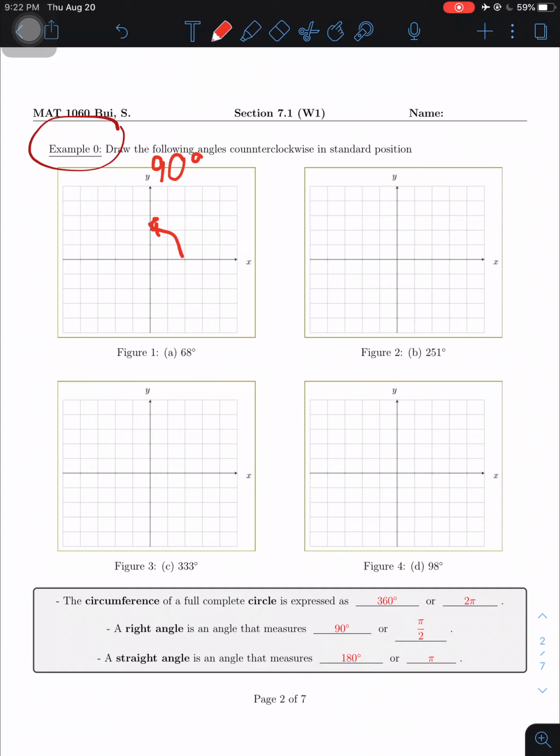From here to here we have a right angle. Usually we denote it by a square here for a right angle. It's 90. Let me take that angle out, and if you go all the way to the other side right here, it is 180 because it's a straight angle from here to here. Okay, and you go all the way down to here, it is 270 because we have 90 times 3. And lastly, if you go back to yourself, it is 360 degrees.